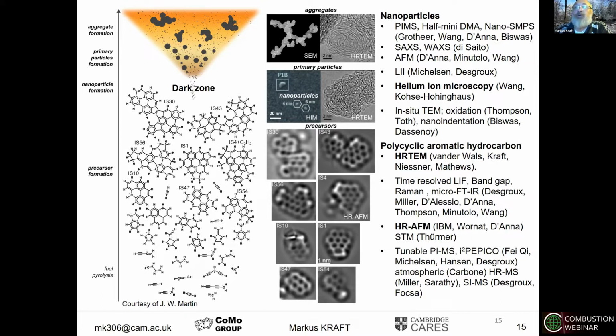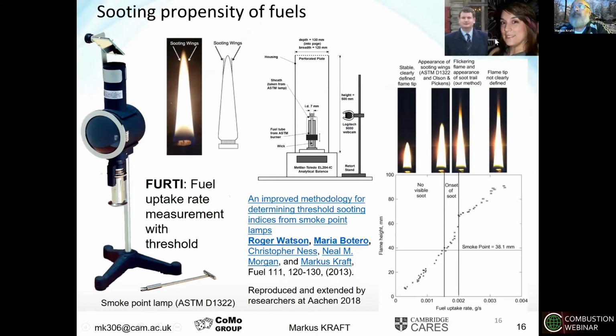Right. So in my own research group, I also did some experimental work. We are interested in the sooting propensity of fuel. So one fuel is not like the other. We started with a smoke point lamp and developed a more accurate way of determining the smoke point using fuel uptake rate measurements as a threshold.